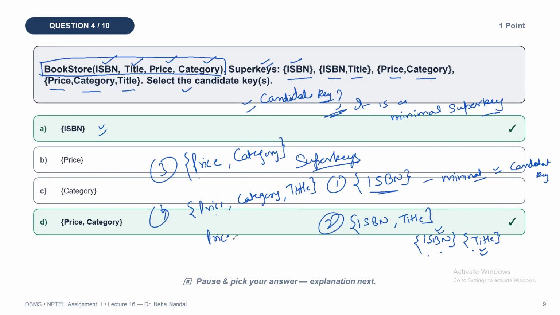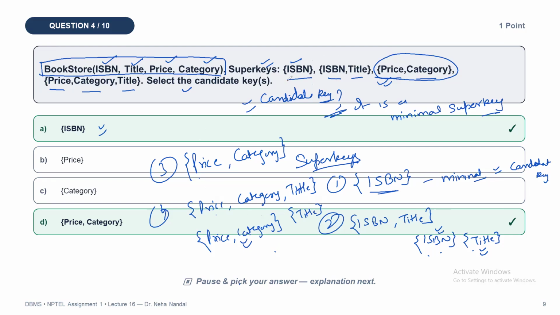Price category, which is already given as a super key, and the title. So out of them, this one will become our candidate key, the minimal form. Its minimal form, price and category together, is given. So we cannot further divide it as price separate and category separate, because they are not given to us as super keys.